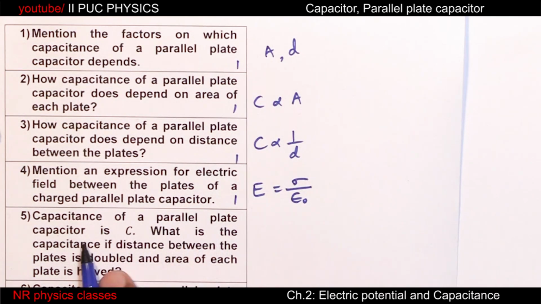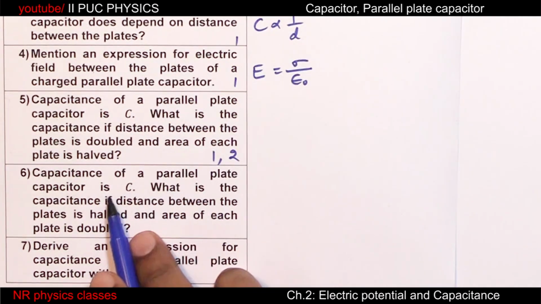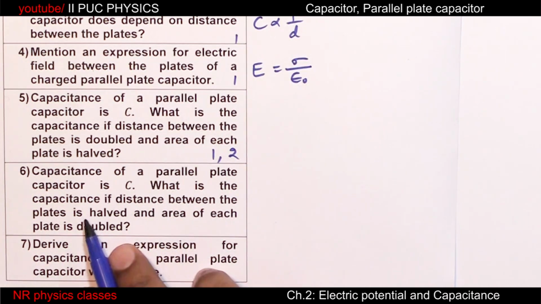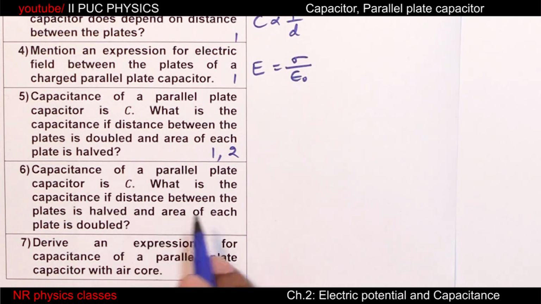Capacitance of a parallel plate capacitor is C. What is the capacitance if the distance between the plates is doubled and area of each plate is halved? So this is for 2 marks. It can also be asked for 1 mark if only the answer is required. Capacitance of a parallel plate capacitor is C. What is the capacitance if the distance between the plates is halved and area of each plate is doubled?